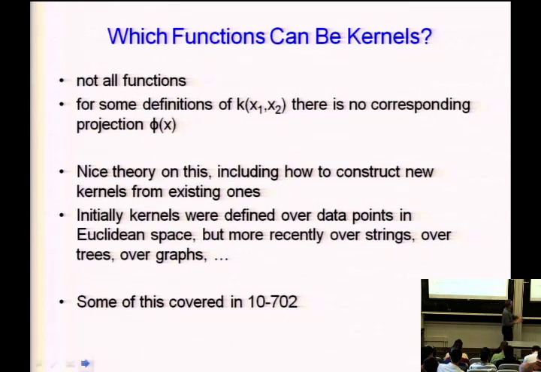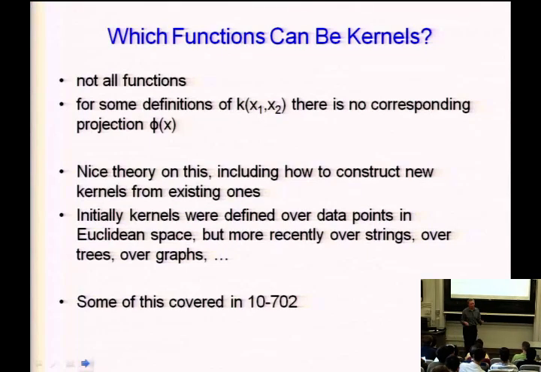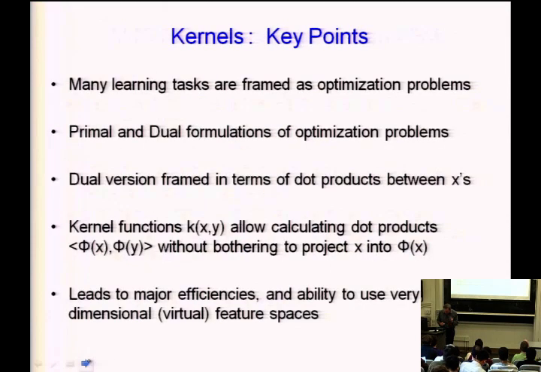We're not going to go into detail on this in this course. If you're interested, get John Shawe-Taylor's book. It's a very nice book about kernel methods, and it goes into a lot of detail. Okay, but for us, here are the key points. Many learning tasks are framed as optimization problems, that's for sure.